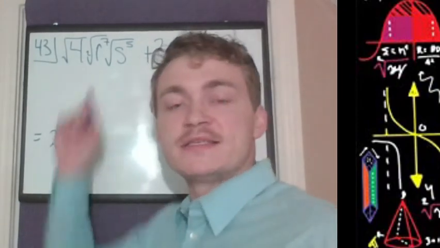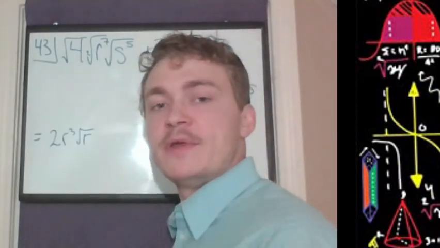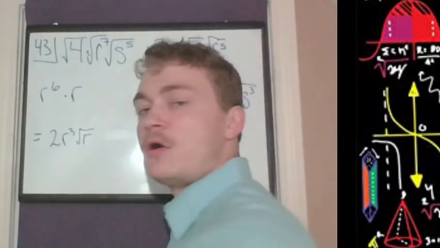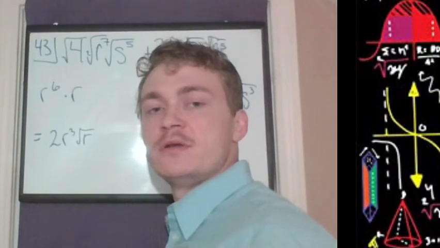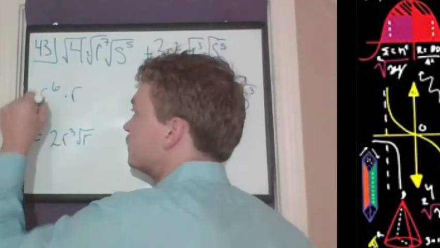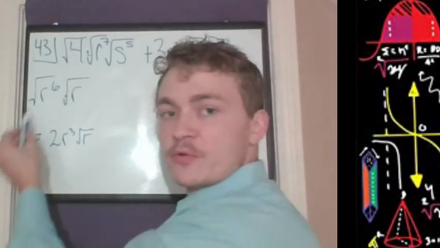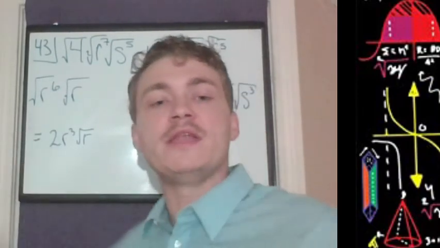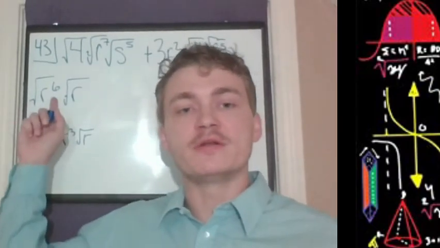To understand this, r to the 7th power can be rewritten as r to the 6th power times r. Using our product rule for radicals, the square root of r to the 6th power, multiply the square root of r. Well, what here can you square in order to get r to the 6th power?